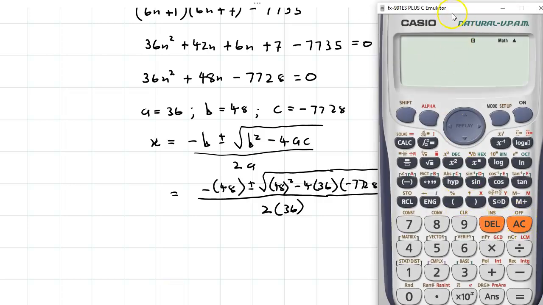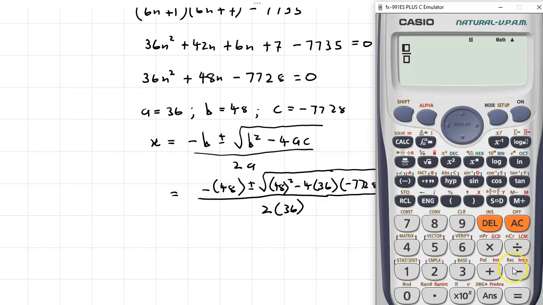So putting that in our calculator, we can say minus 48. Let's do plus first. So here we've got the square root of 48 squared minus 4 times 36 times minus 7,728, all over 2 times 36.